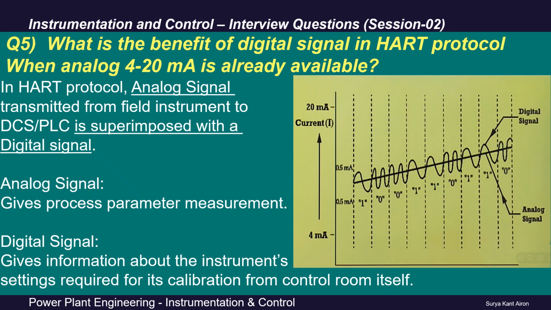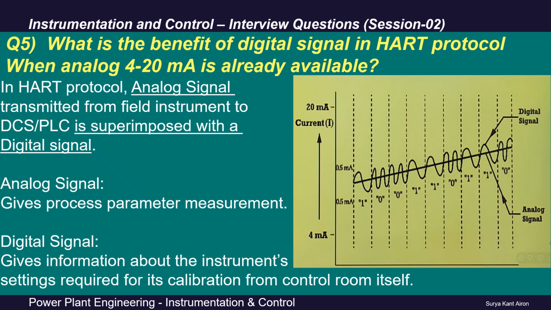And this analog signal, which we are already aware of, the 4 to 20 milliampere signal, gives us the measurement of the process parameter, whereas this additional digital signal carries additional information about the instrument settings, and these are transmitted to the DCS through the digital signal.